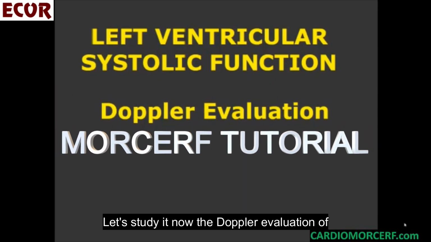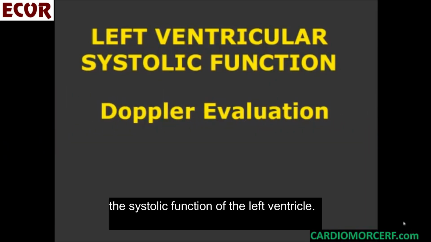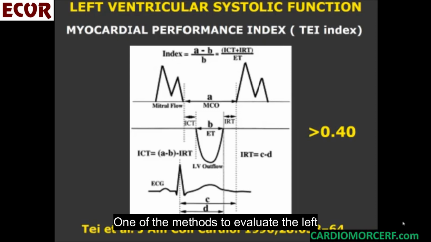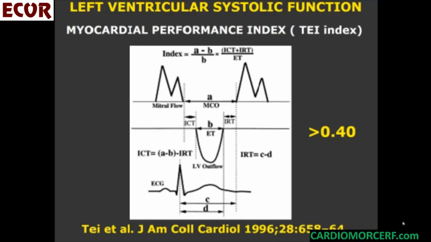Let's study now the Doppler evaluation of the systolic function of the left ventricle. One of the methods to evaluate the left ventricular systolic function by Doppler is using the Myocardial Performance Index, MPI, also called the TI index.